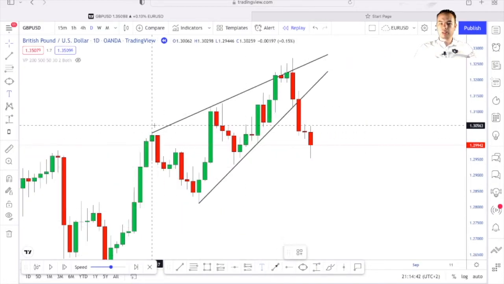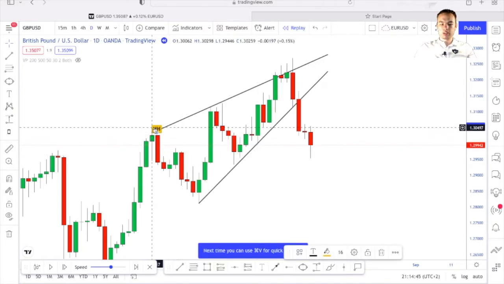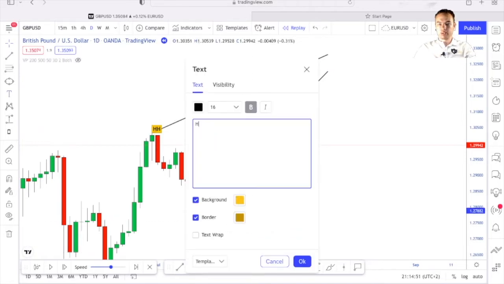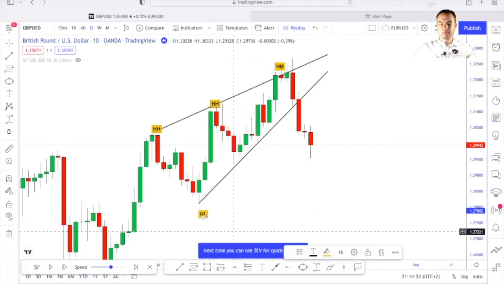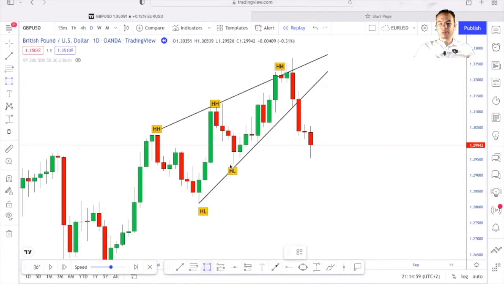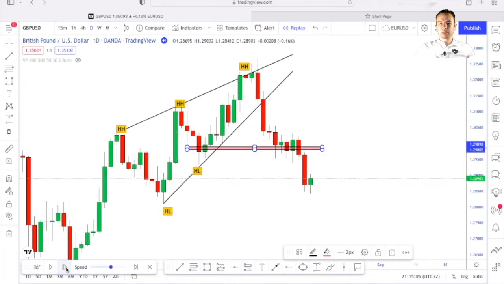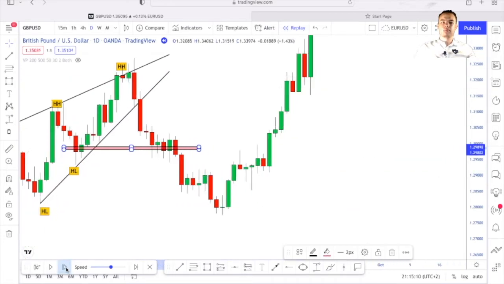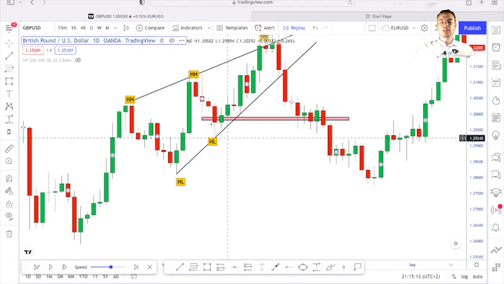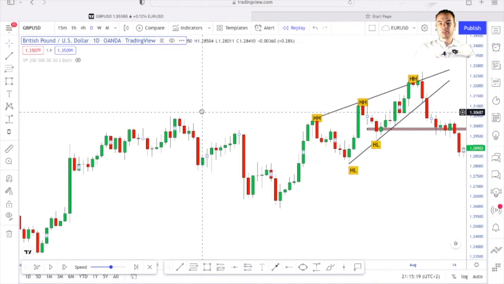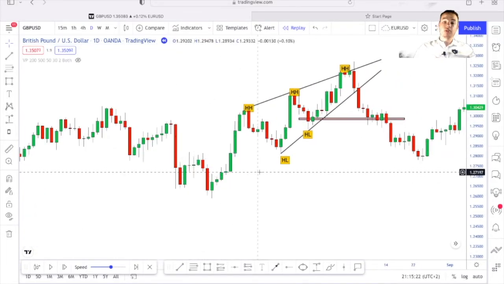So here, higher high, higher high, higher low, higher low. We need to wait for it to break past this to confirm a sell. There you go. That is an ascending trend channel.